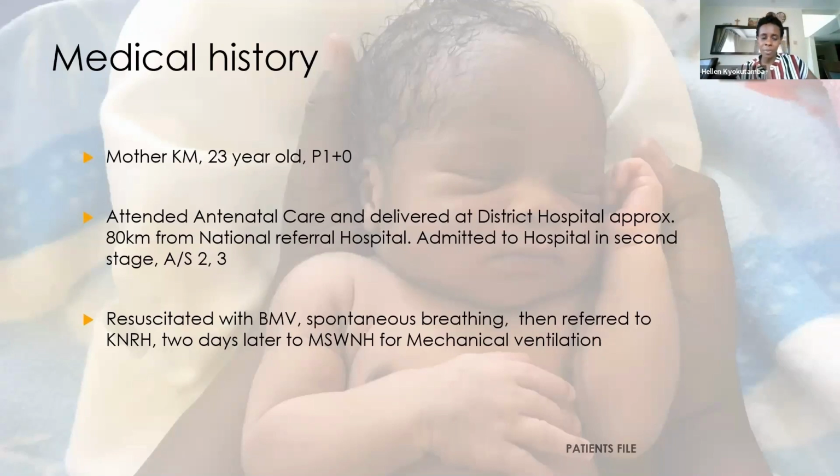But then Kawempe referred to us at Mulago Specialized Women and Neonatal Hospital, because they had run out of space for ventilating the baby, and they thought the baby needed ventilation, and that's why they referred the baby to us. These two hospitals, like I said, are close to each other, so the baby came to us 2 days later from our sister National Referral Hospital. Next.